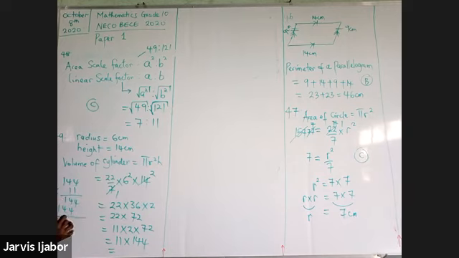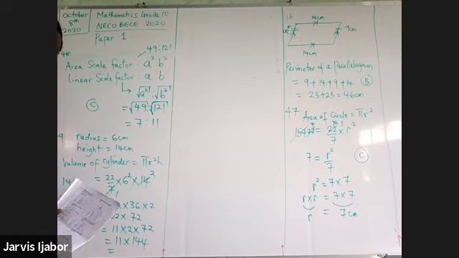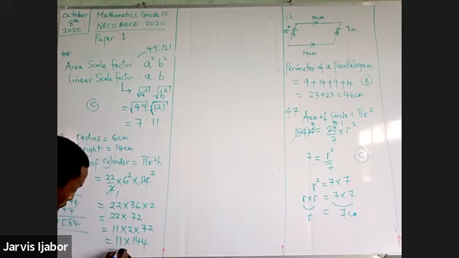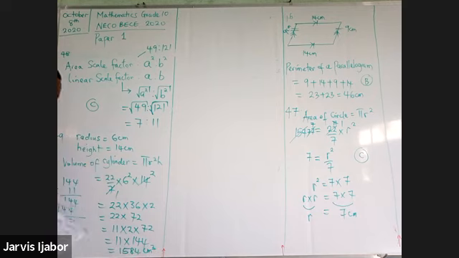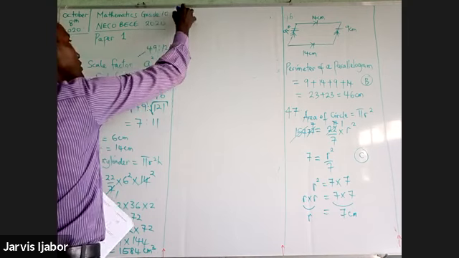And that will give me 1584. So the volume of the cylinder will be 1584 centimeter cubed.